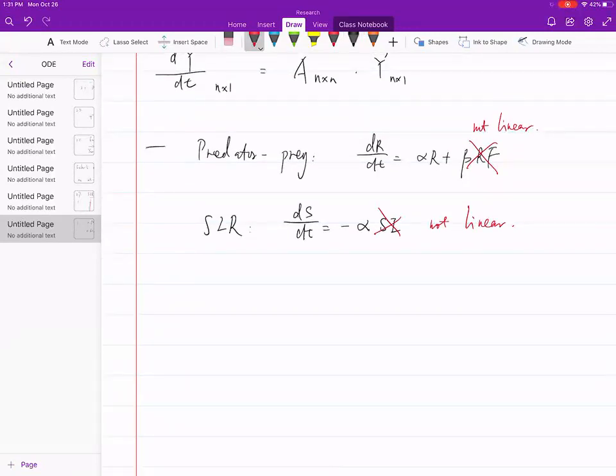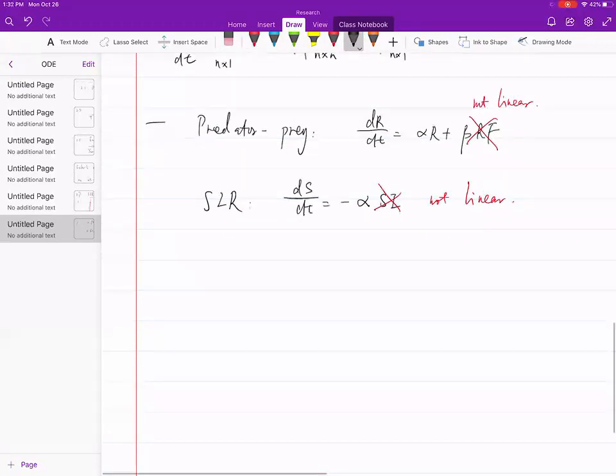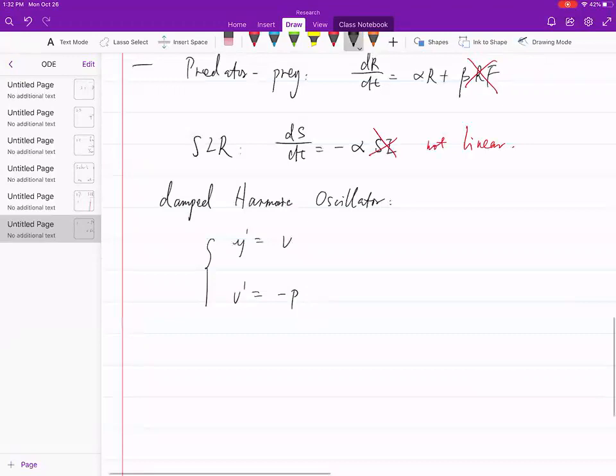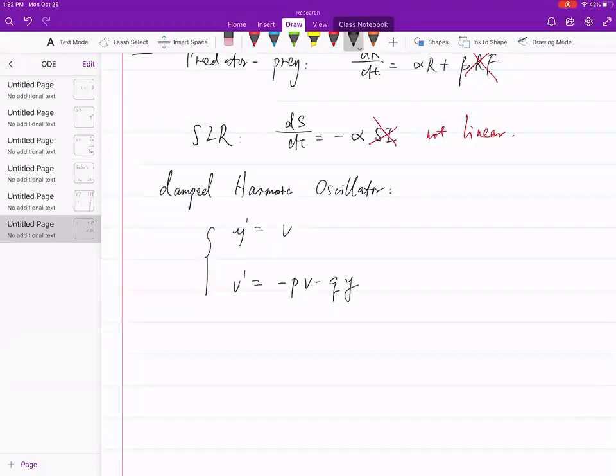What else do we have left for systems? Damped harmonic oscillator. All right, this one looks like, well, P and Q are constant.